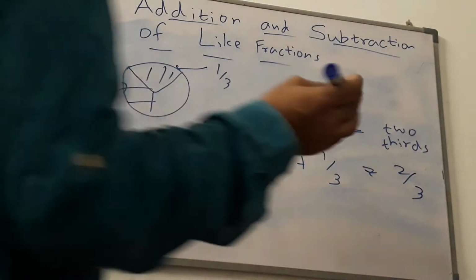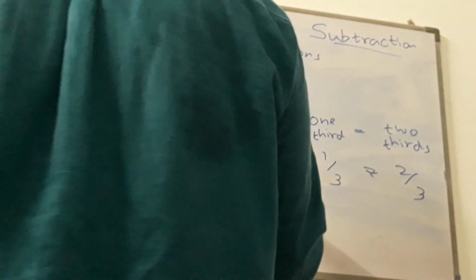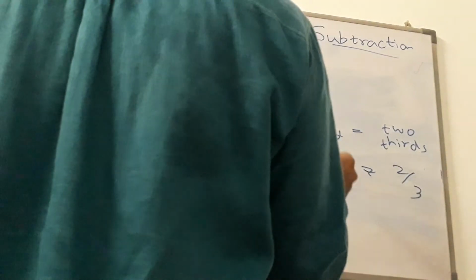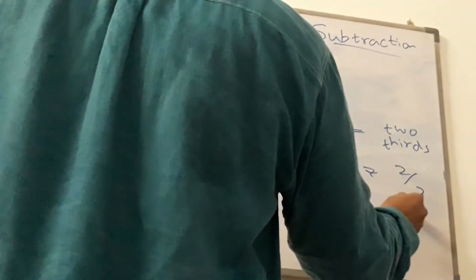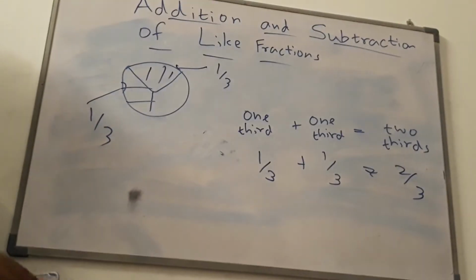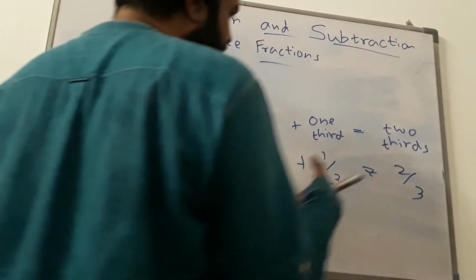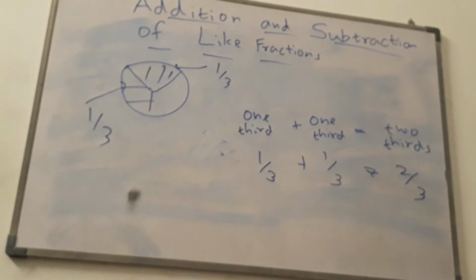Now take a close look at this. When we add thirds, the final answer, is there any difference with the denominators? Here 1/3, the denominator is 3, here 1/3, the denominator is 3, and the answer 2/3, the denominator is the same, 3.